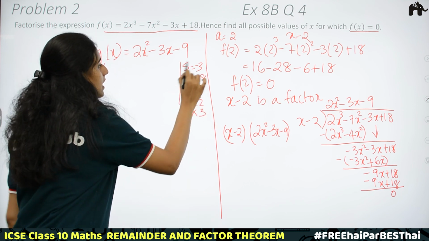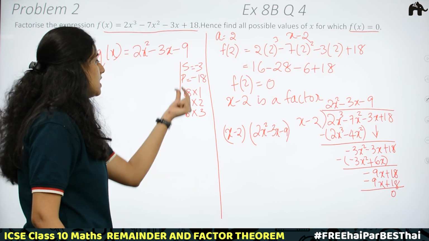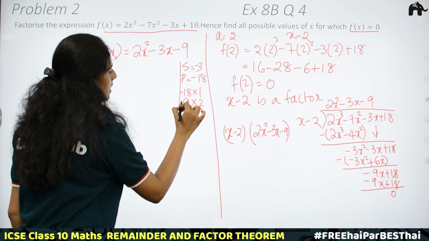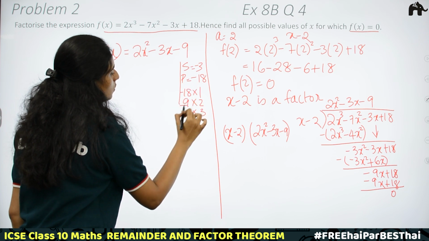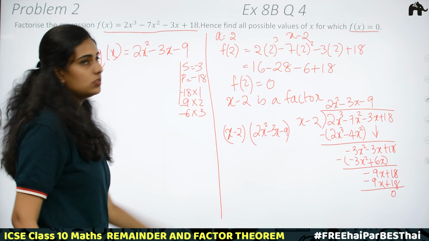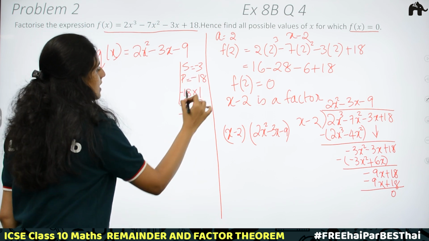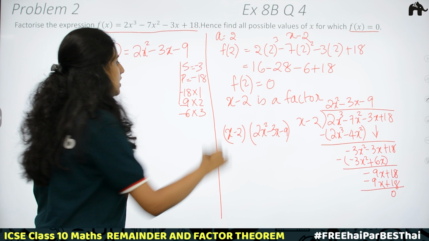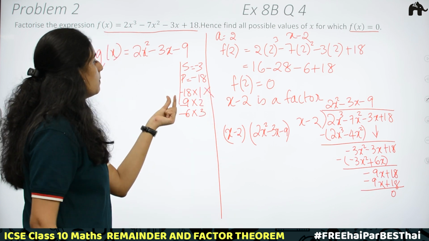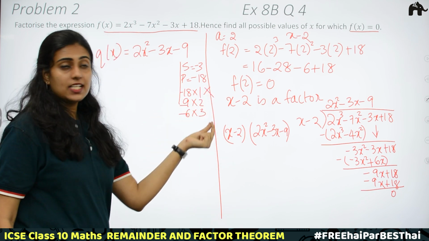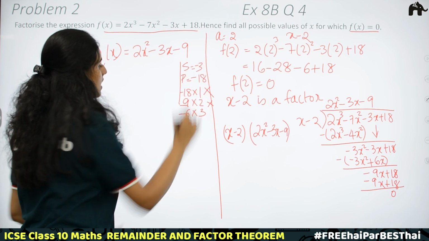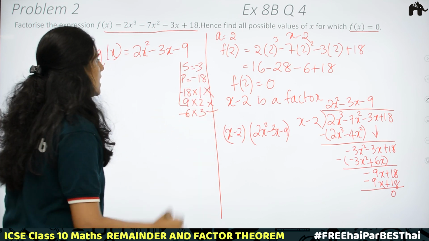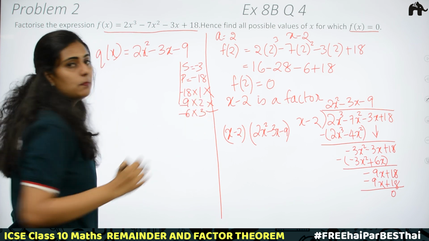Here in the sum we have negative, which means the greater number should be negative. Minus 18 into 1, minus 9 into 2 or minus 6 into 3. Now check the sum. Minus 18 plus 1, that is minus 17, not possible. Minus 9 plus 2, minus 7. We need minus 3, right? Minus 6 plus 3 is minus 3.